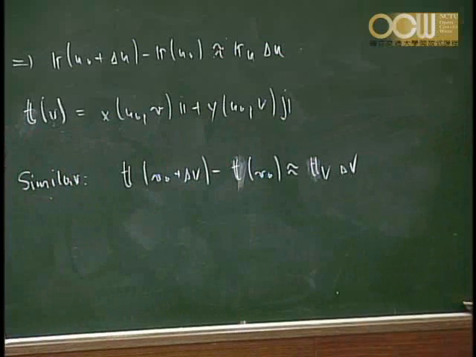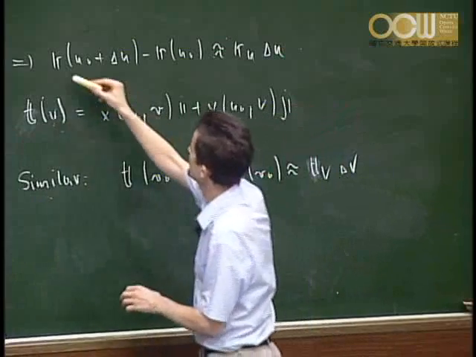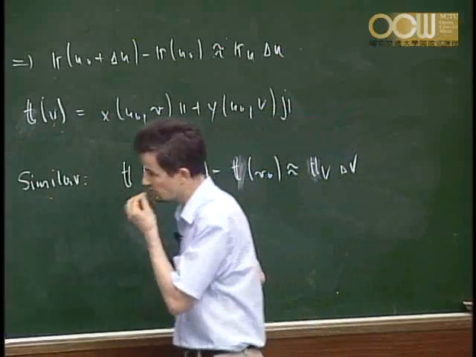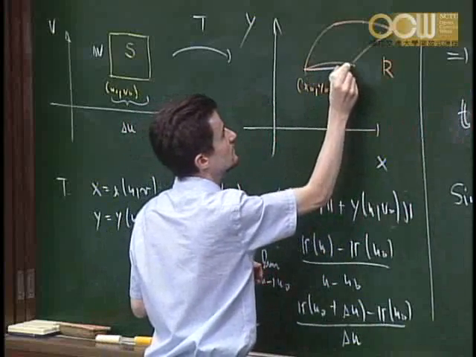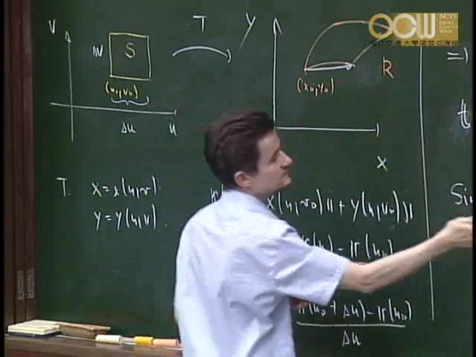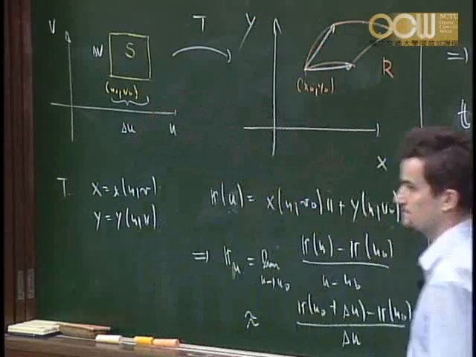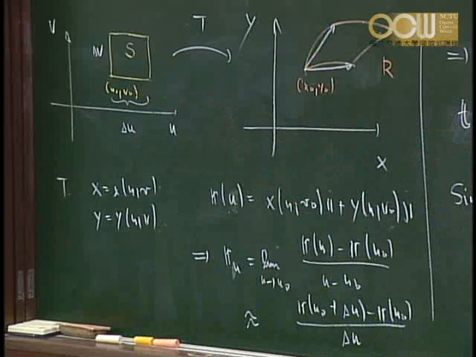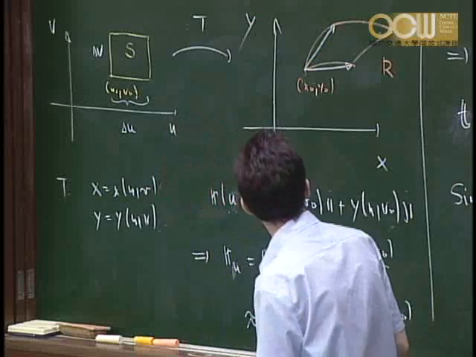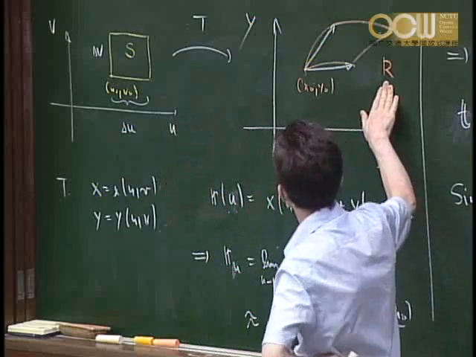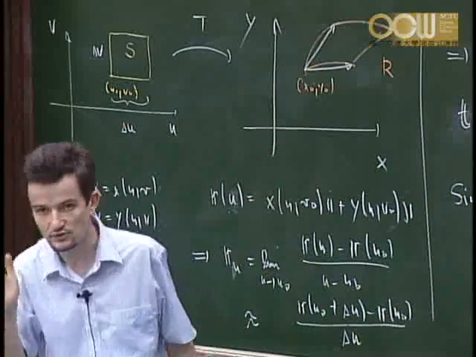Now, what is the meaning of those two? Why am I interested in those two vectors? Because this vector here is this one, and this vector here is this one. So the area of R roughly is the length of the cross product between those two.